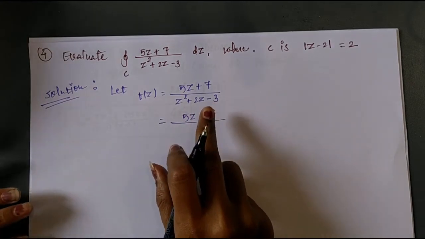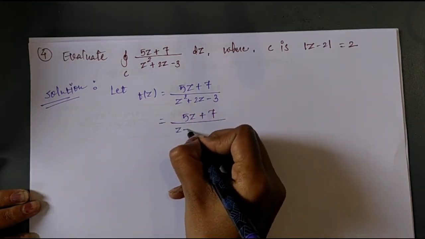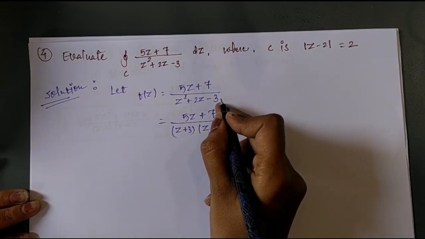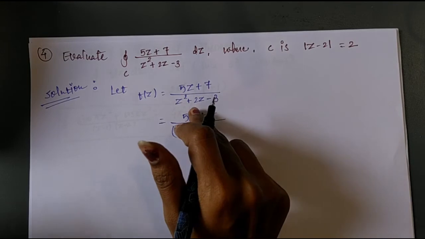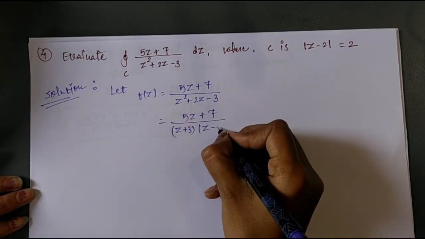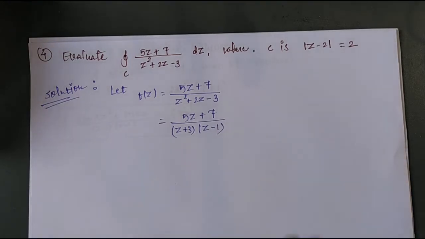Okay, and the factors will be z plus 3 into z minus 1; you have to split it so that with the minus and plus you get 2. So z plus 3 into z minus 1. Okay, and as you can observe here, both the factors are linear, right?